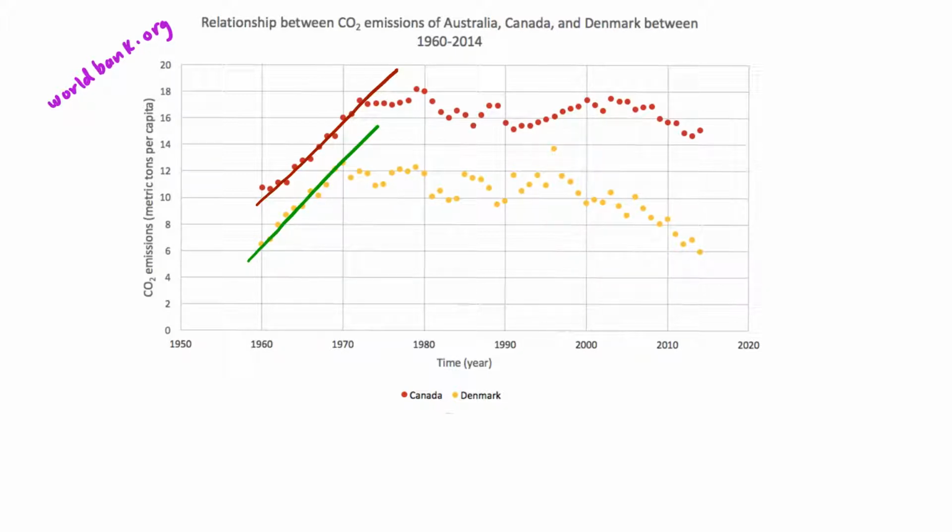These two graphs are both at about the same scale. I don't think I've done a perfect job in drawing my line of best fit, but it's a good approximation. You can see that even though Canada and Denmark have different values, with Canada having higher CO2 emissions between these years, the rate at which CO2 emission is changing every year is approximately the same between the two countries between 1960 and 1970.